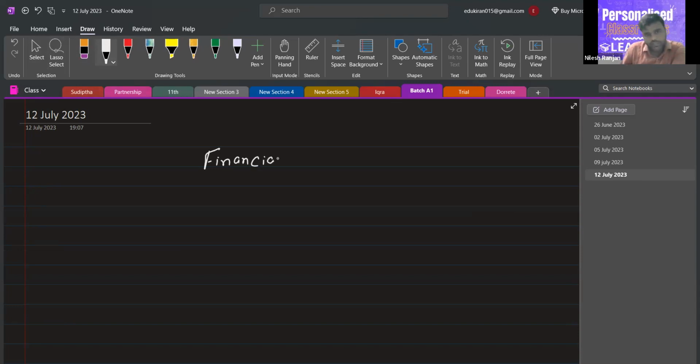Now, for this financial statement, you have to remember a little bit of class 11th final account. Can you tell me the components of final accounts? So trading account, profit and loss account, and balance sheet.